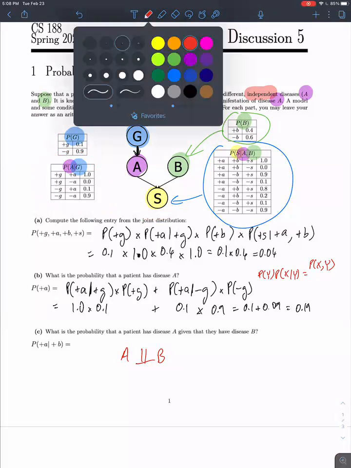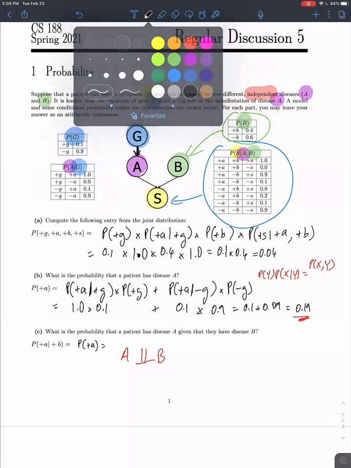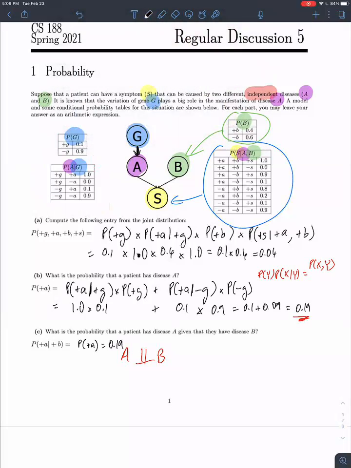So if they're independent, then the probability of positive A given that you have positive B is just the probability that you're positive for A. And what's that equal to? Well, we calculated it above, right? It was 0.19. So the answer is 0.19. And I'll move this independence assertion so that you can see everything a bit more clearly.